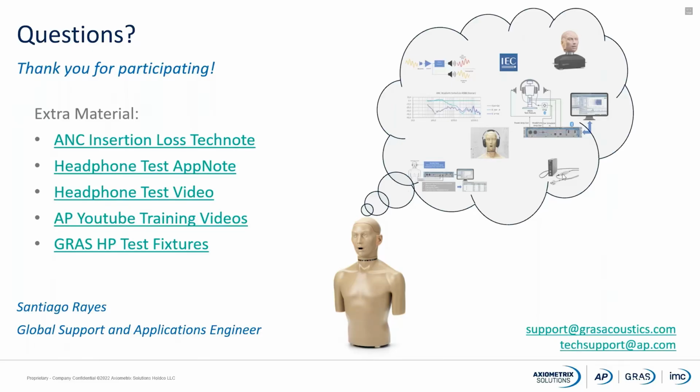How do you check if the headphones have leakage? Well, a typical way of doing it is by checking the low frequency cutoff of your measurement. Typically, if you will have some leakage, you will see a big roll off in the low frequencies.